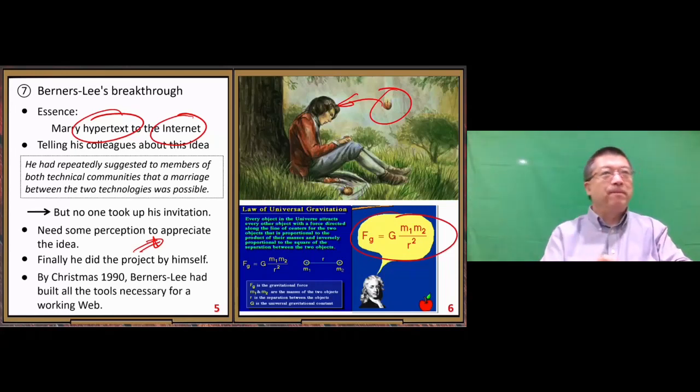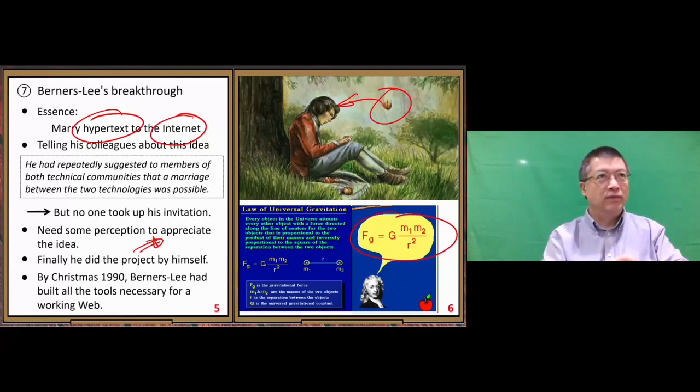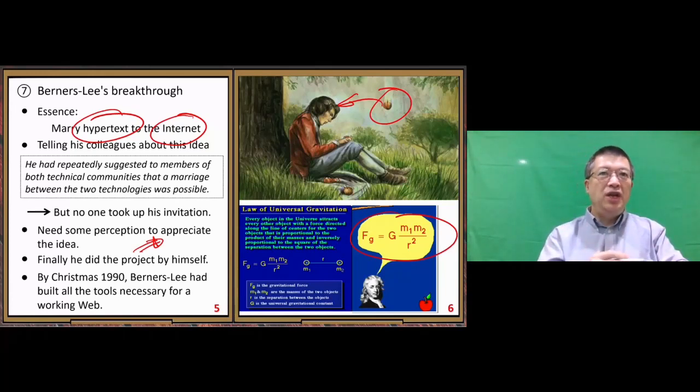Now the time. The World Wide Web went live at that time: 1989, 1990, Christmas, the end of 1990. So you can see how much time he used to develop this technology. Berners-Lee had built all the tools necessary for the working web.